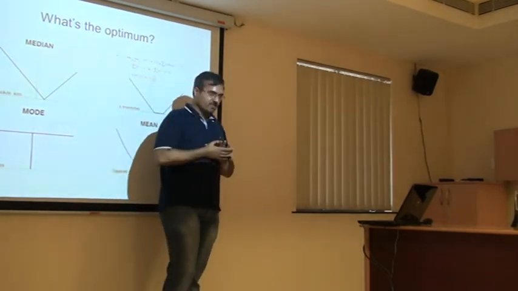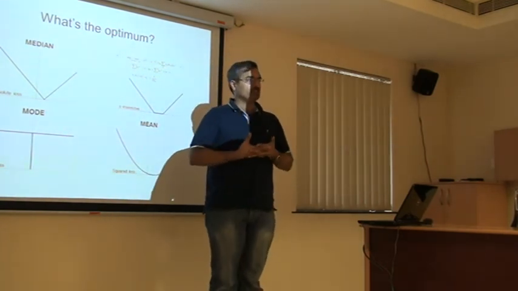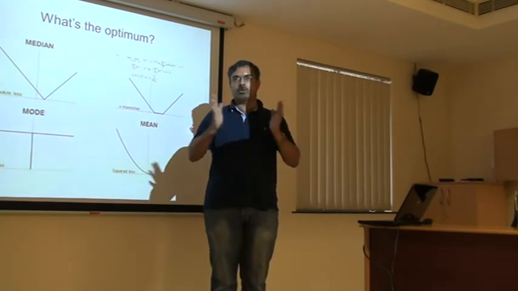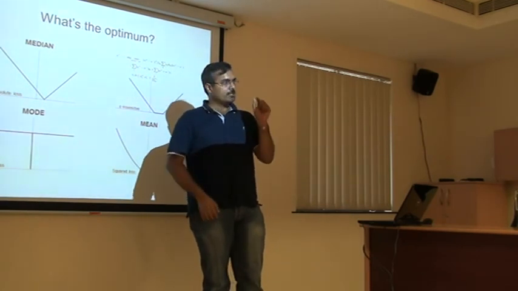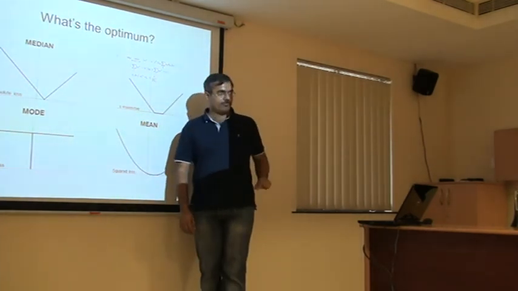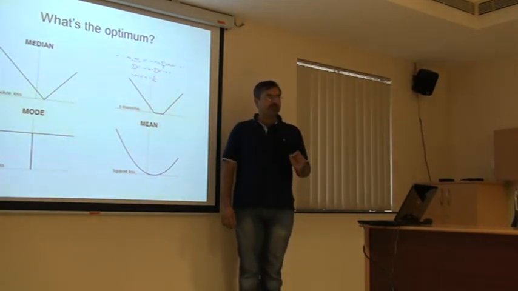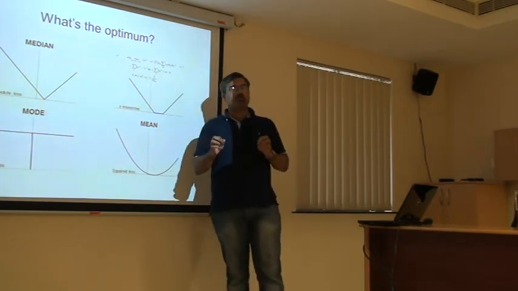So what I wanted to stress upon is the measure of centrality. When we say average, we typically think I am going to take the mean, which is sum all the numbers divided by the total number of numbers. That will give you the central number only if you have a squared error function. What you're implicitly saying is that if I'm off by x, then my error is proportional to x squared.